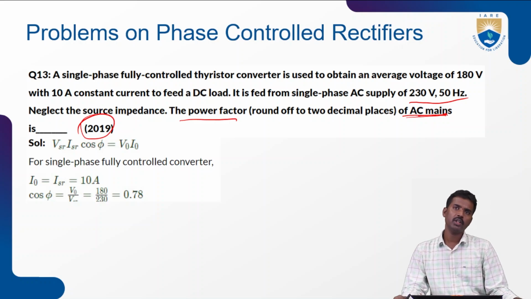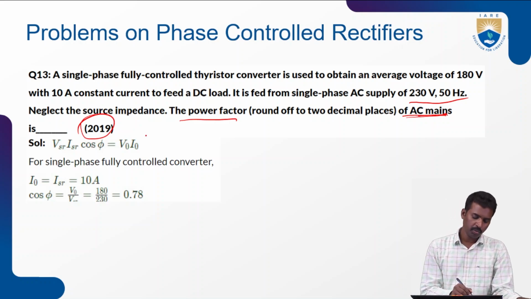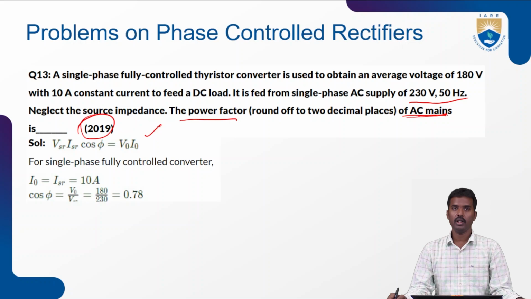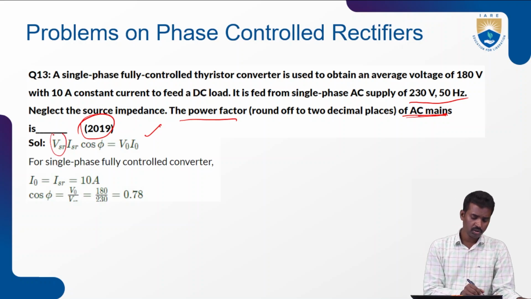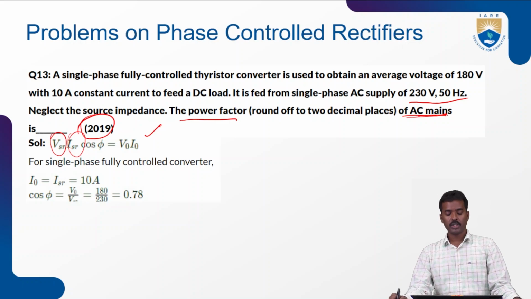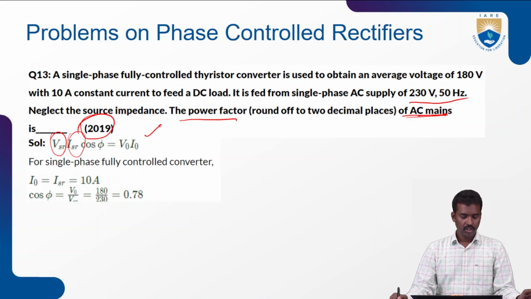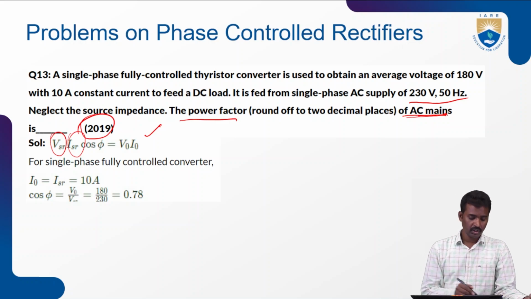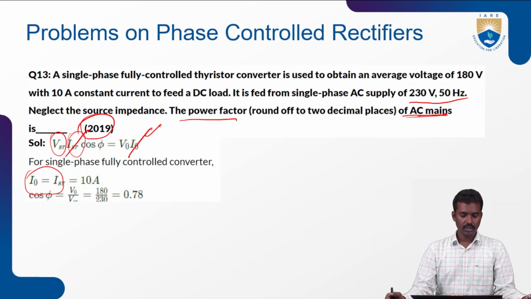So we know very well this formula. Output power equals V naught into I naught, equals source RMS voltage into source RMS current into cos phi. Here it is a single phase fully controlled converter, so I naught equals I source RMS, and this gets cancelled.